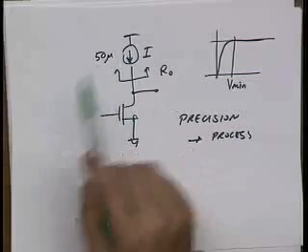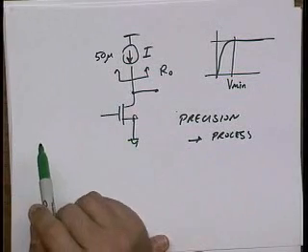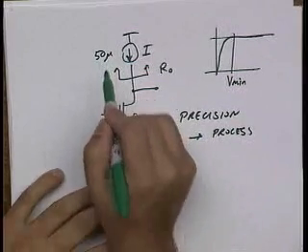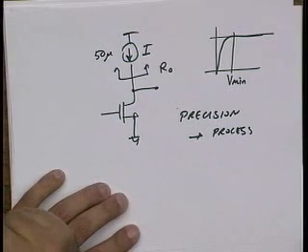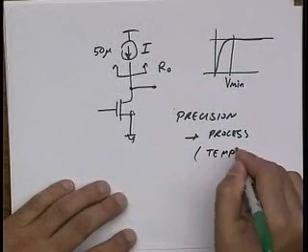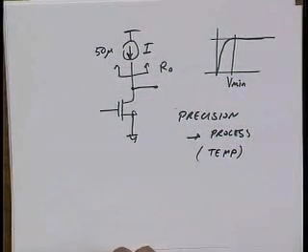I want a very well controlled, very precise current, so I want low systematic error. I want this to be 50 microamps very accurately, and I don't want it to vary with process and perhaps with temperature. Although in a lot of circuits we actually do like it to vary with temperature so that it can compensate for gain variations.